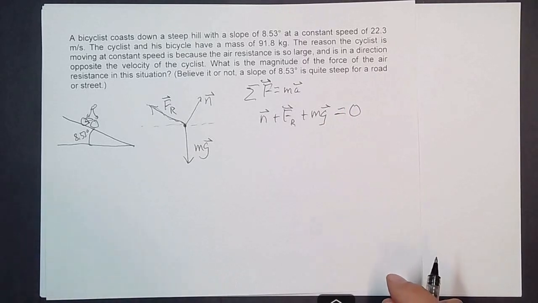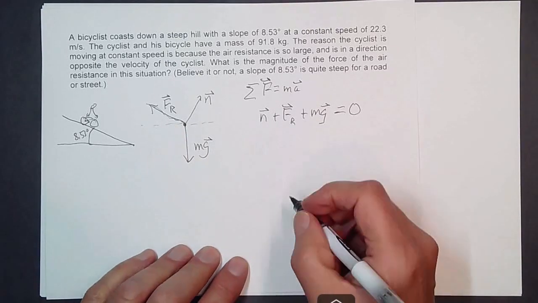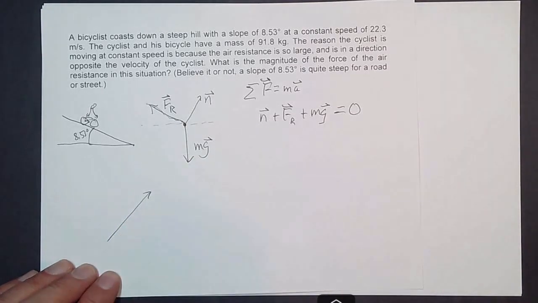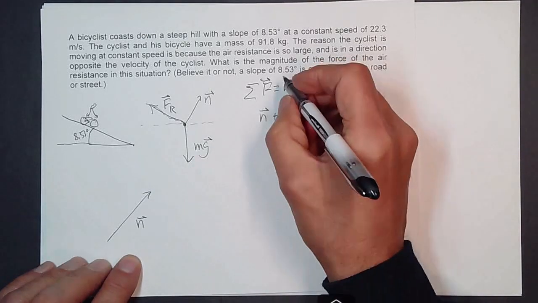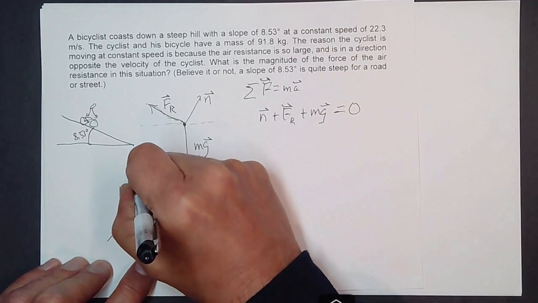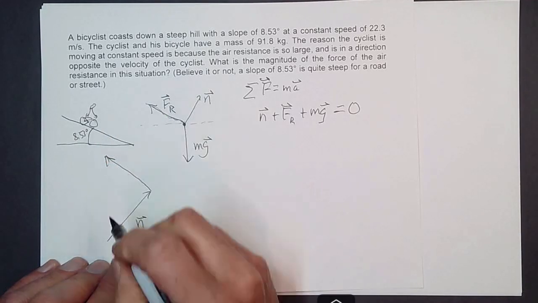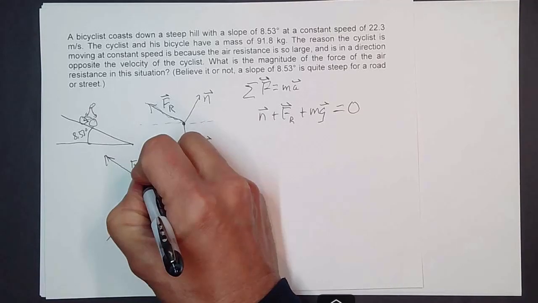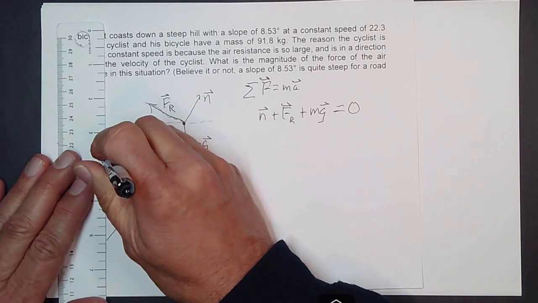And we can draw any kind of a picture we want on this thing, but the first two forces are at right angles to each other. So if I draw them, I would have N going up here like this. F sub r is at a right angle to that, goes up like that, and I have to reach a point where when I come down from F sub r, I get right back to where I started with a vertical line.